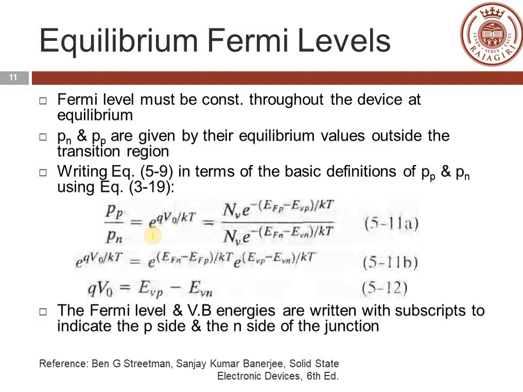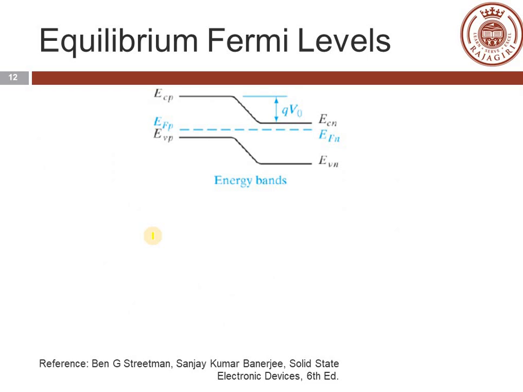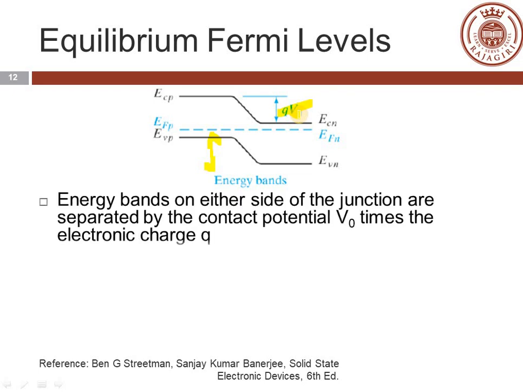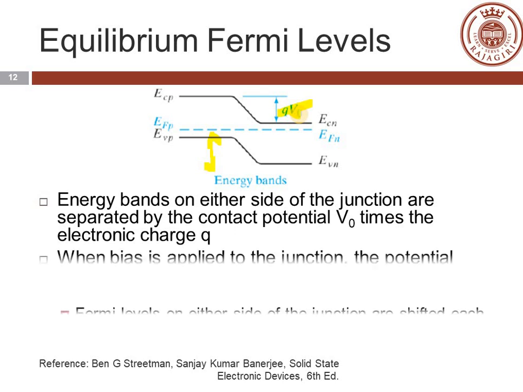Diagrammatically, the p side valence band and n side valence band are shifted by qV0. Similarly, the p side conduction band and n side conduction band are shifted by qV0. Energy bands on either side of the junction are separated by a contact potential V0 times the electronic charge q.